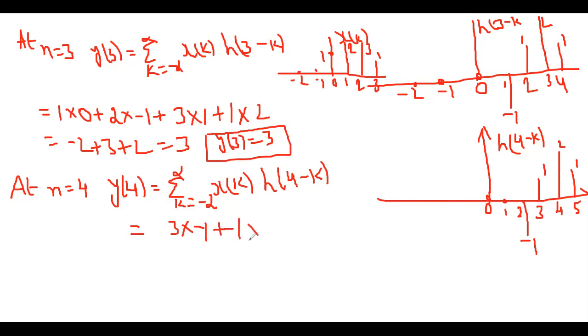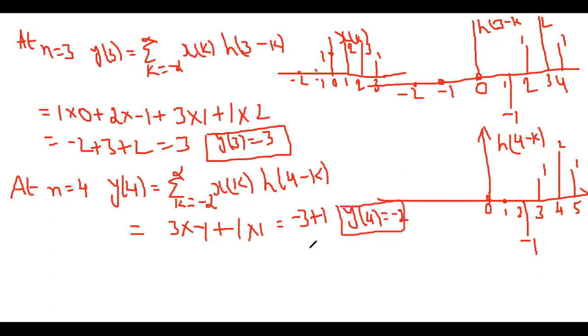So 1 into 1. The remaining values are all 0, because the 4 is a 0, 0 into 2 is a 0, and 5 is a 0, 0 into 1 is a 0, my dear students. Minus 3 into 1. Minus 3 plus 1. Therefore, y of 4 is equal to, what is the y of 4? Minus 2.